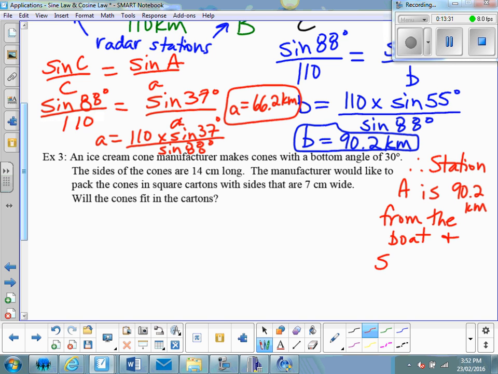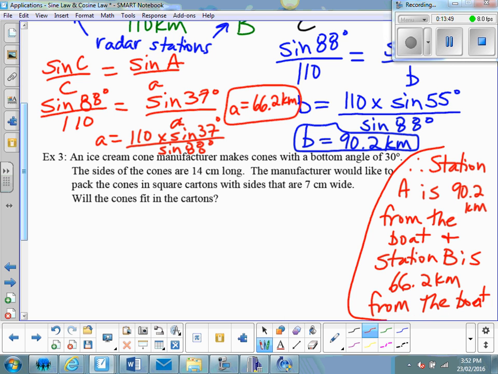And station B is 66.2 kilometers from the boat. Okay, so that's our answer for that one.